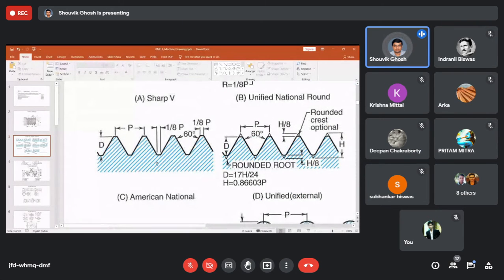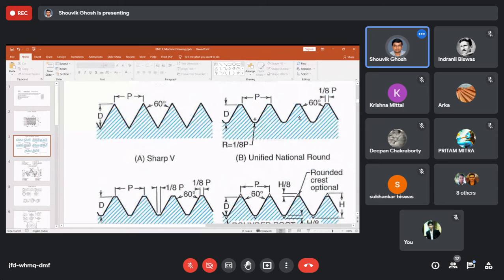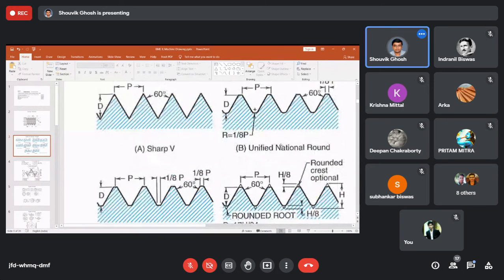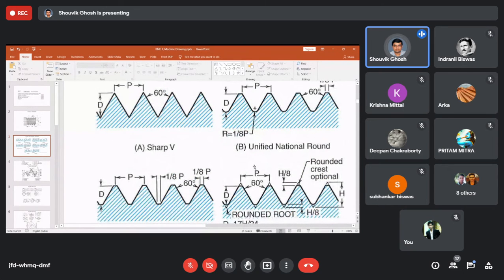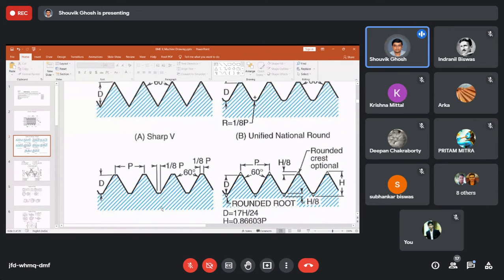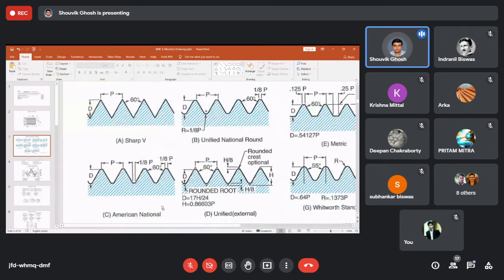This is the American national thread. You will find the value 1/8 p similar to the unified national round. দেখো similar, only difference is এখানে rounded ছিল, এখানে flat, দুটোই flat। ঠিক আছে, so all the different types of thread যেগুলো তোমরা দেখবে, there will be very minor differences between them.